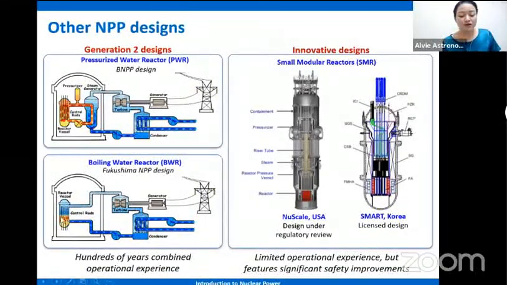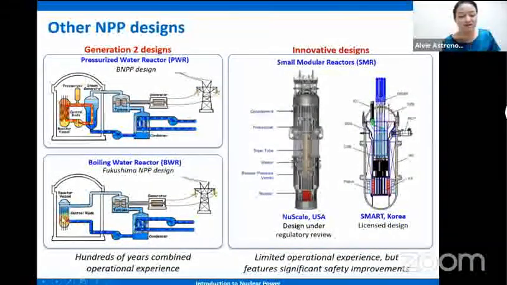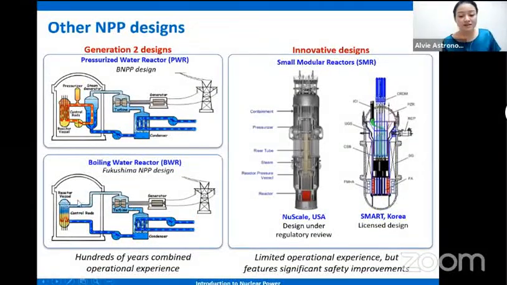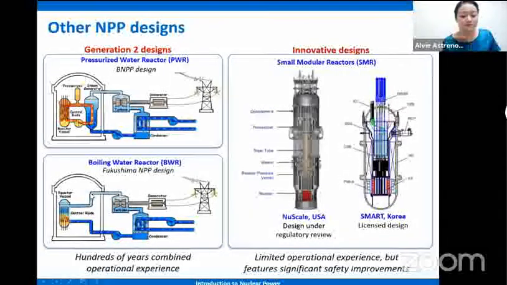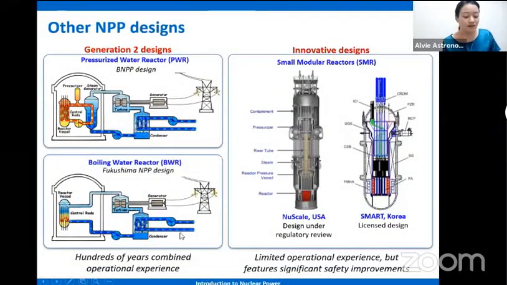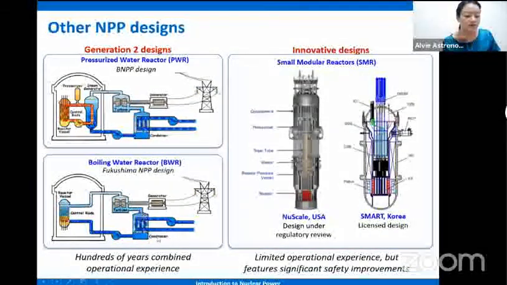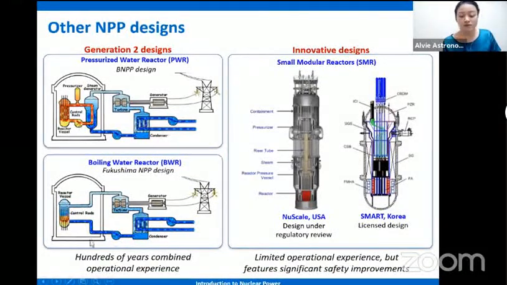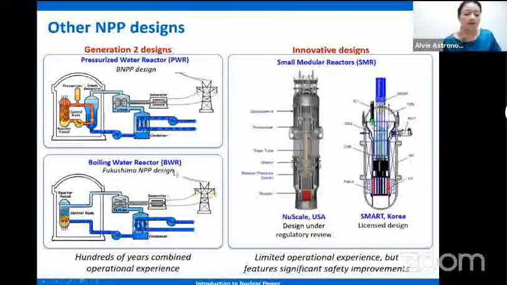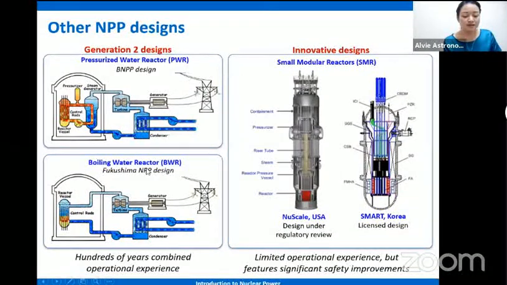The water is directly boiled in the core, in the reactor vessel, and there's radioactive steam that goes through the turbine, but radioactivity is still not released to the environment because this circulating water system is isolated from this loop. So there's a huge difference in the design.